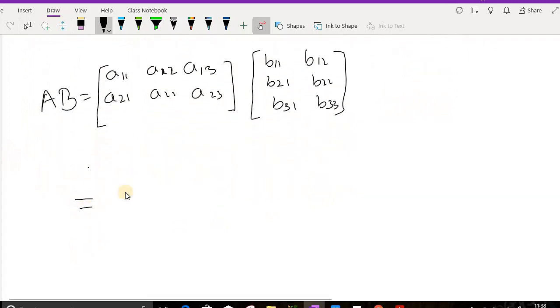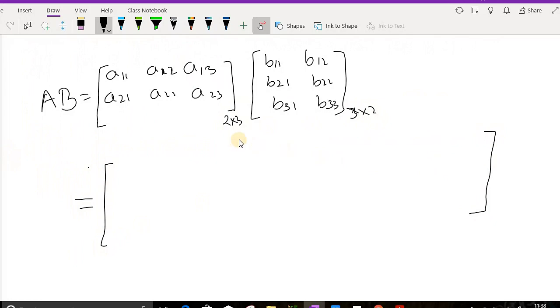So this is the definition of multiplication. First thing first, the order of this matrix was 2/3, and the order of this matrix is 3/2. So what will be the order of the product?